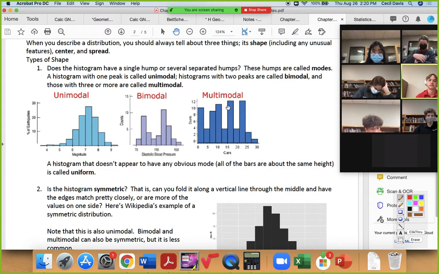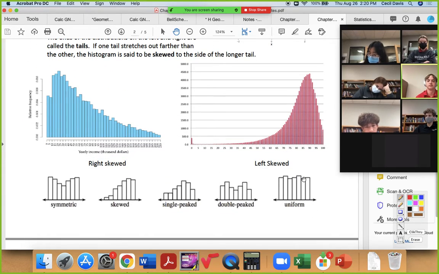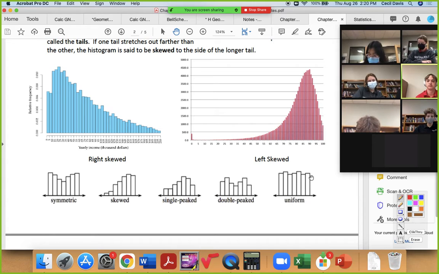It's got all kinds of high points and then low points. If it doesn't have any obvious mode at all, like all the bars are about the same height, look down here at the bottom of your page. That's called uniform. And is it perfectly uniform? No, we're saying the shape is basically uniform.